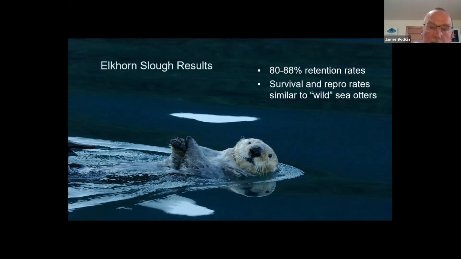But they did have very high retention rates. They had survival and reproductive rates of these surrogate-raised pups that were not different than the wild animals on the coast that were also being monitored. And this effort did contribute to population growth in the region of the central Monterey Bay.